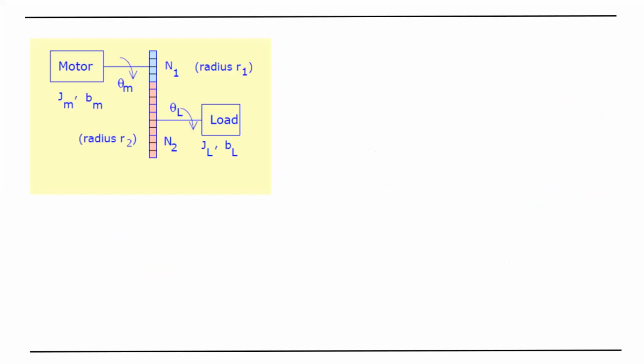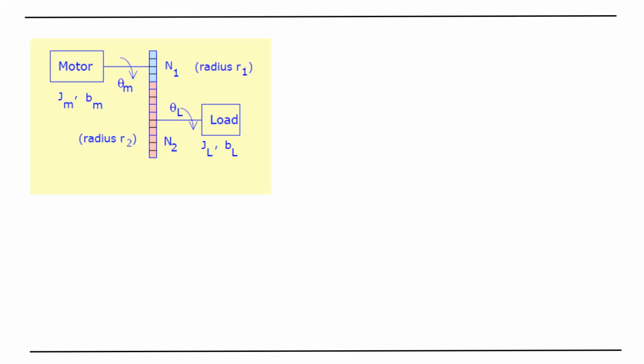The motor by itself has a moment of inertia and damping factor. The load also has a moment of inertia and damping factor. The load is operating by itself, but now suppose I need to connect it through a gear to the load.